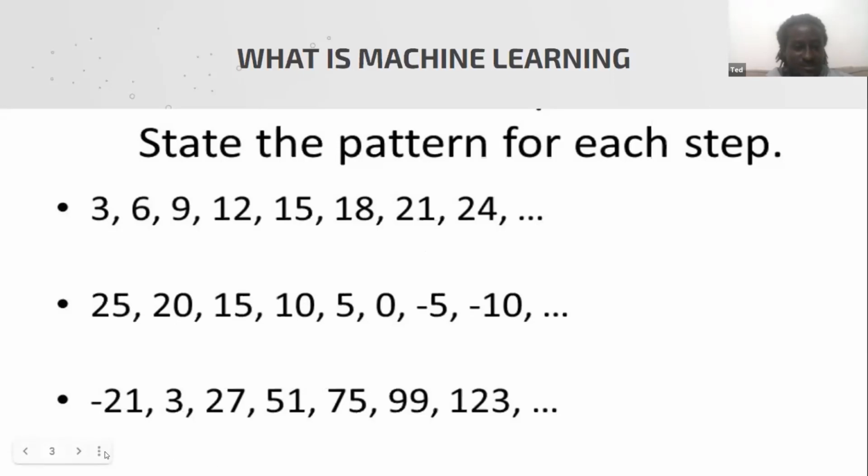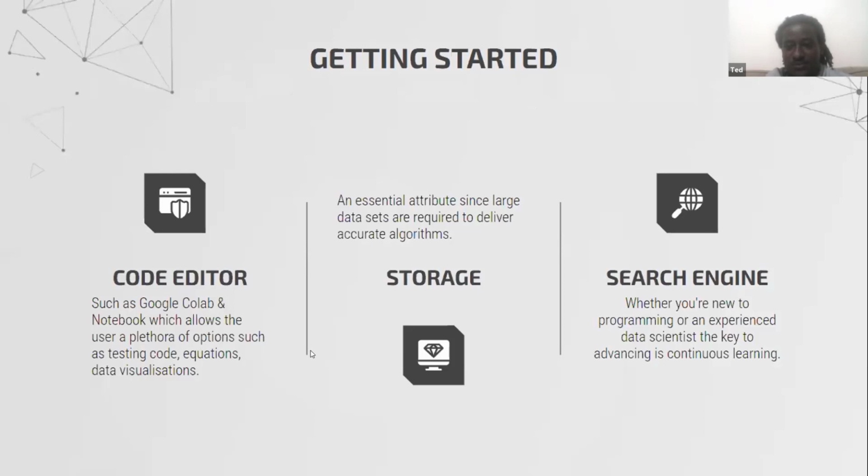The complex part is creating your own model, and people do this in different ways. That's why people refer to machine learning as an art, also besides being a science. To get started in machine learning, you don't need very many things. Of course, for one, you'll need a laptop or a desktop, and then you'll need to install a code editor if you want to use it offline.